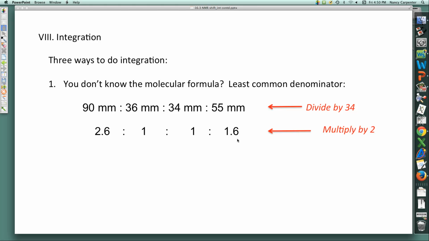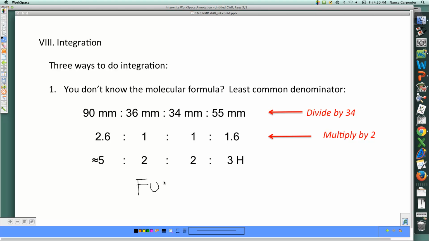Well, you multiply until you come up with whole numbers. So if I multiply by 2, what do you get? Turns out it looks like this integral for 90 millimeters must be responsible for about 5 hydrogens, 36 about 2, 34 about 2, 55 about 3.